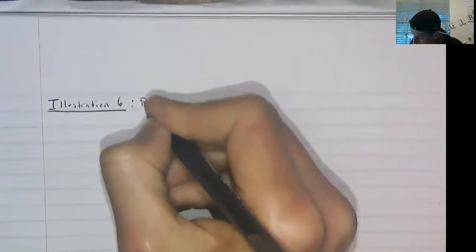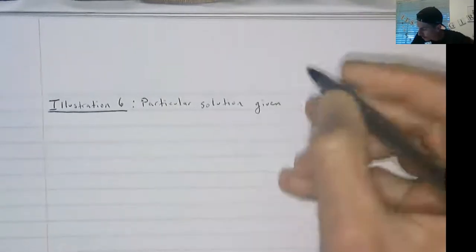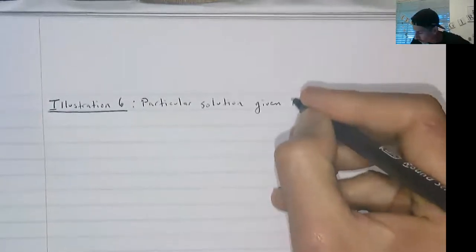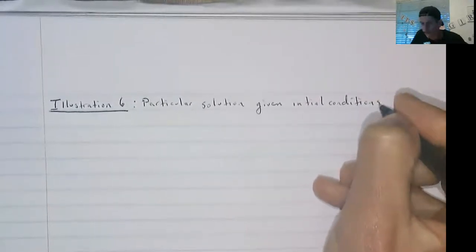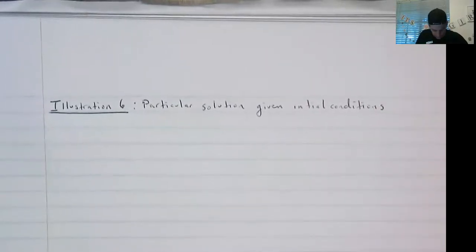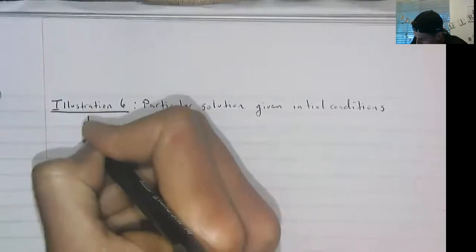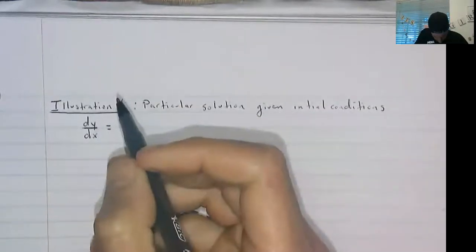What illustration 6 wants from us is a particular solution given initial conditions or boundary conditions. What we're given is that we have some equation. We don't know what it is, but we know what its derivative is. dy/dx, the derivative of y with respect to x, is 2x.